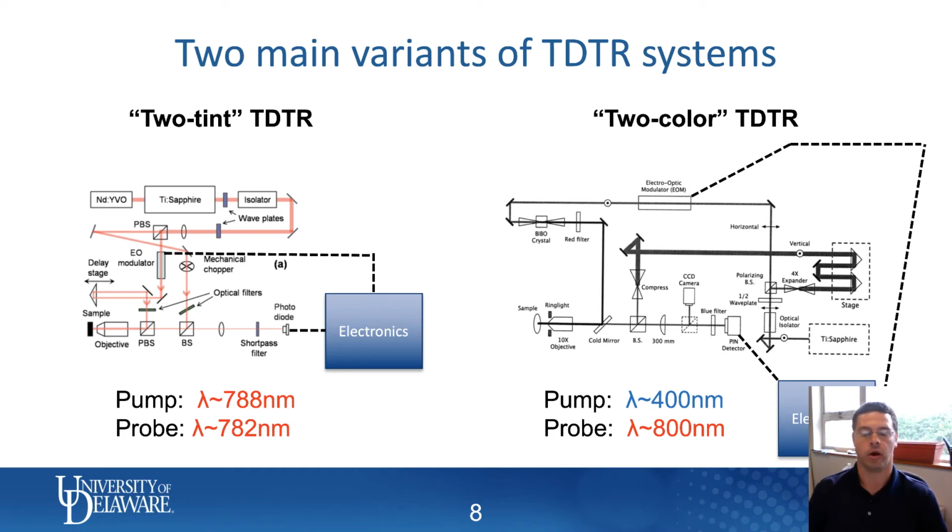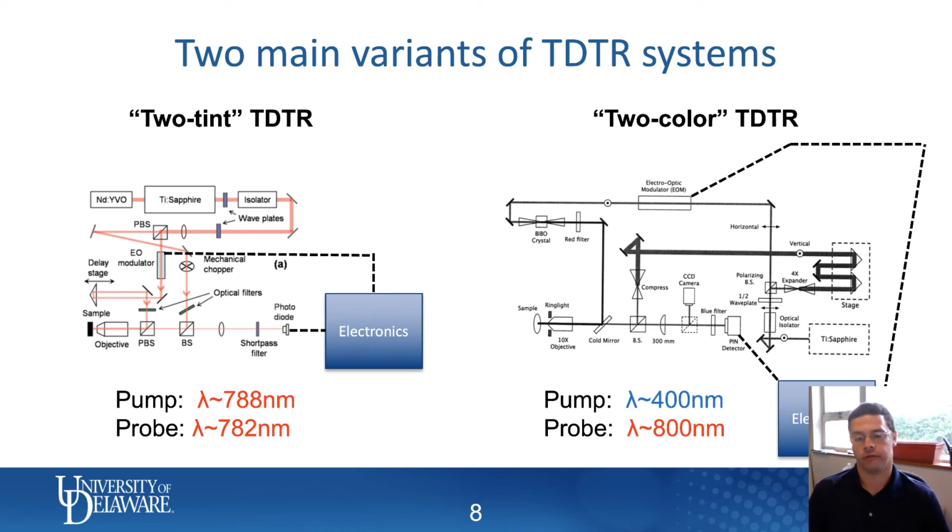One of them I'll call a two-tint time domain thermoreflectance system, which is really just a two-polarization system where all of the pump beam and the probe beam are essentially divided by a combination of polarization primarily and partially by wavelength. But in the case of a two-tint system, the pump and the probe wavelength are very, very similar to one another, if not exactly the same.